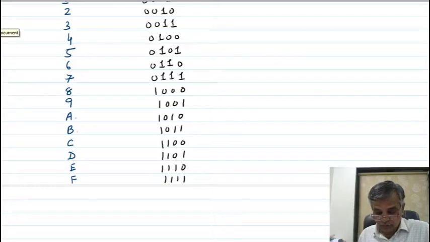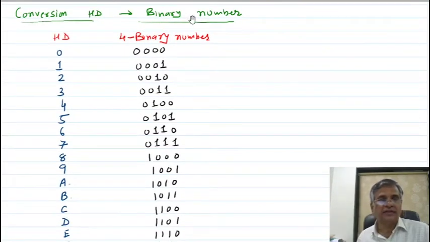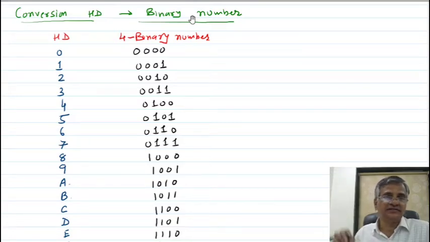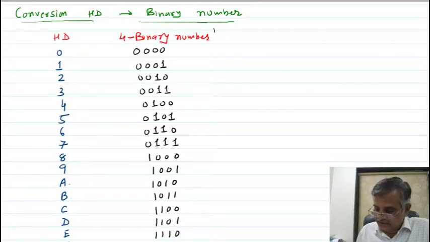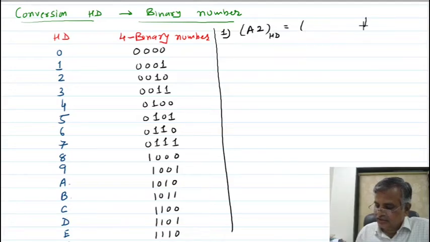Now whenever you want to convert the hexadecimal number into binary number, you have to write the binary equivalent of each hexadecimal digit. So somebody is asking you, convert A2 HD into its equivalent binary.